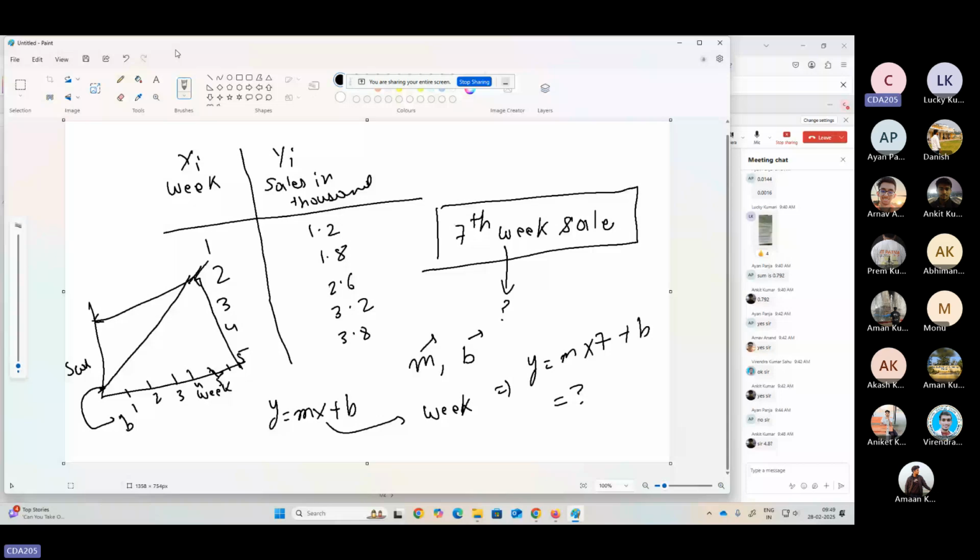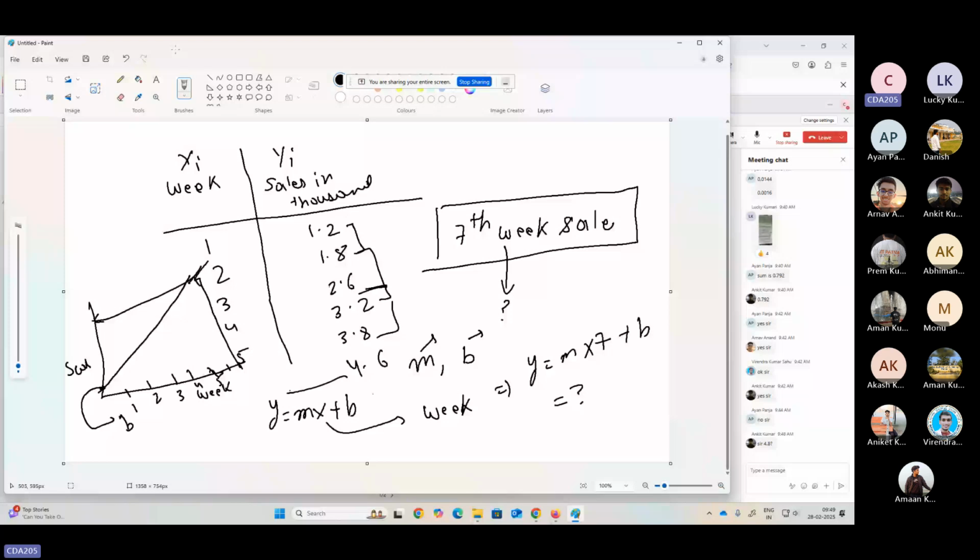So it is 4 point something. I think the answer will come around there. If we look at this parameter, it is 1.2, 1.8, then 2.6, 2. So it will be approximately around 3.8, so it will be 4.6. Then this is the 6th term, 6th week.